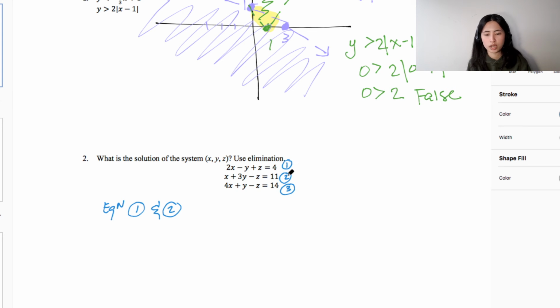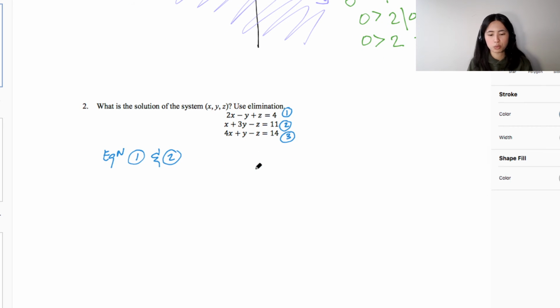It can never be 1 and 2 again, otherwise you can't really solve this system. So for equations 1 and 2, first write them out. The first is 2x minus y plus z equals 4. The second is x plus 3y minus z equals 11.